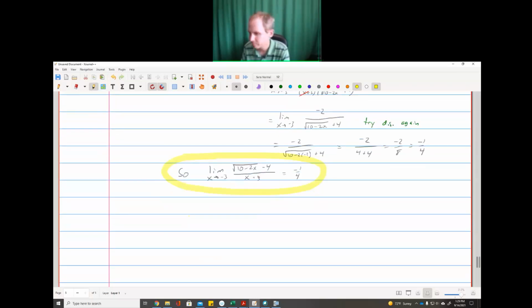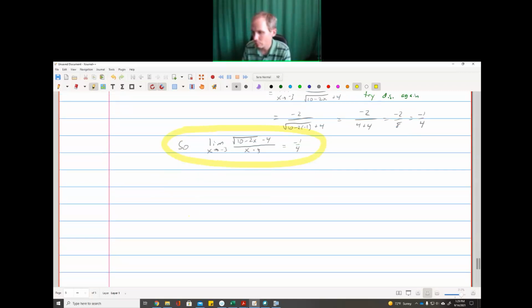Okay. Right, and then one last one. We have the limit as x approaches 2, 4 minus x over x squared minus 4.